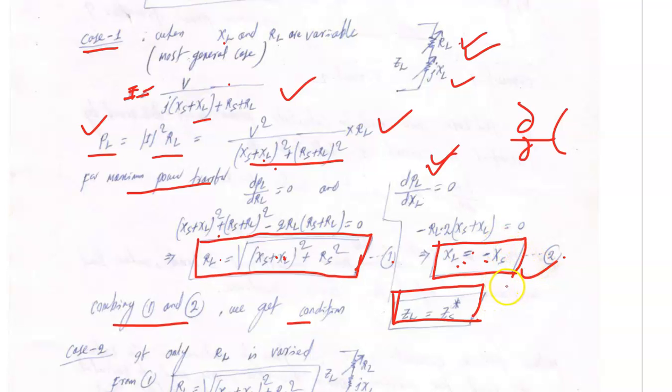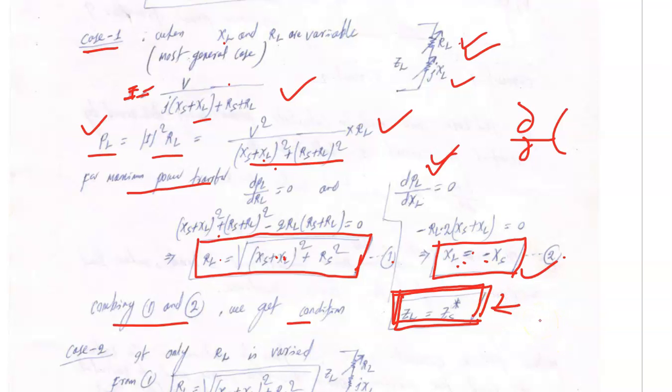What does it mean? Your load impedance is equal to the complex conjugate of the source impedance for maximum power transfer. This is the most general case. Normally people go remembering this, but there are other aspects also.